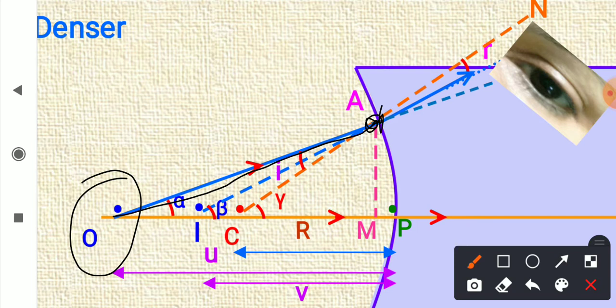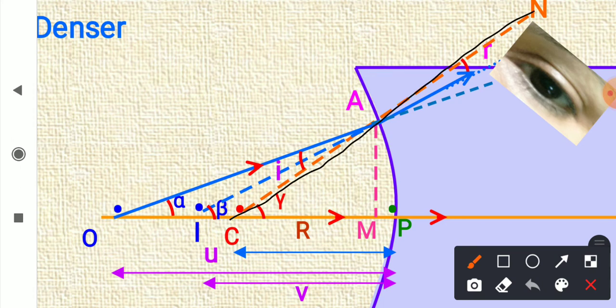Now at this point you have to draw the normal. Now the center of this concave surface is in the rarer medium only. So at this point when you draw the normal, it is along this direction.